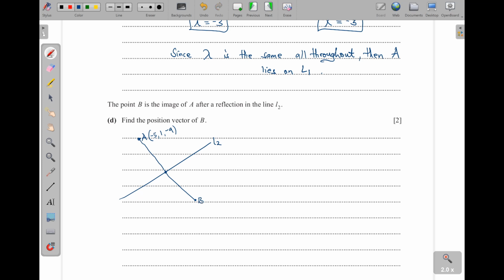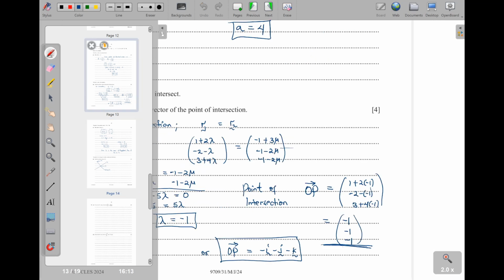So if this is, let's say, point B, which is (x, y, z), we need to find the coordinates of this. That is the position vector of B. Here where they are meeting, we have already seen that the point of intersection of L1 and L2 is (-1, -1, -1).